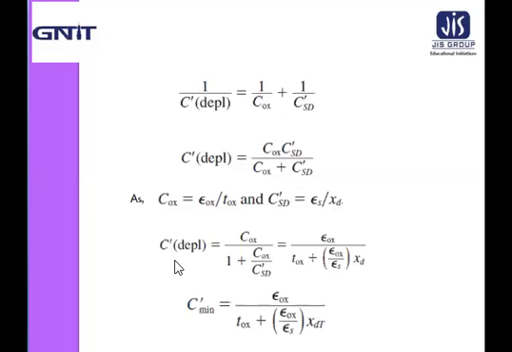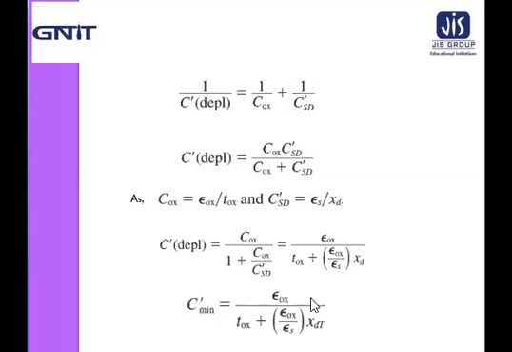If we replace this equation by these two equations, then we can write C prime depletion equal to COX by 1 plus COX by C prime SD, that is equal to epsilon OX by TOX plus epsilon OX by epsilon S into XD.